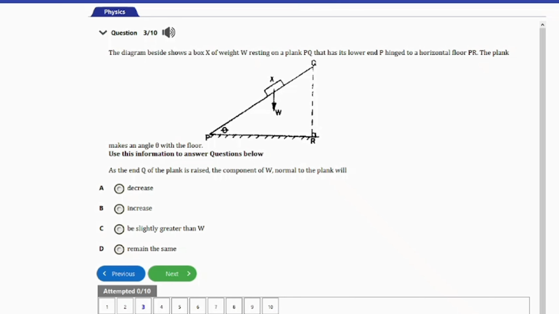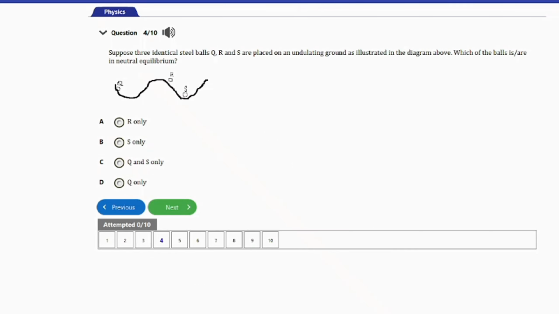Let's go ahead and consider the next question. That's question number 4 here. It says, suppose 3 identical steel balls Q, R, and S are placed on an undulating ground as illustrated in the diagram above. Which of the balls is or are in neutral equilibrium?